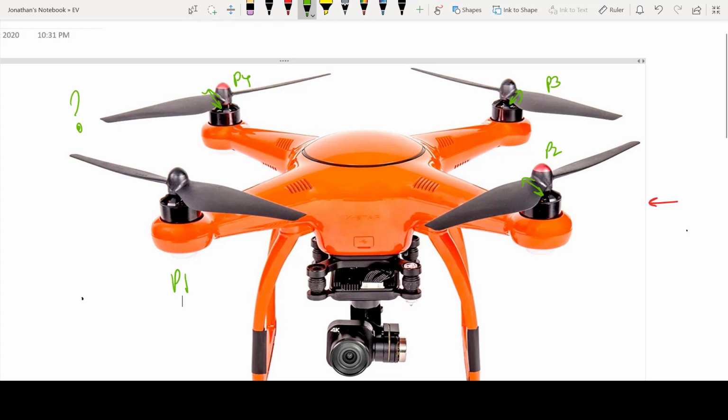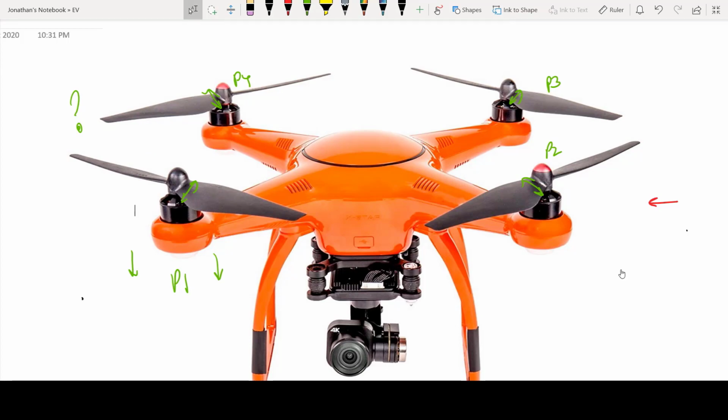So P1, can you spend 2 minutes thinking about if the angle of attack is in this direction, will it push air downwards when rotated anti-clockwise, or will it push air downwards when it rotates clockwise? Can you spend 2 minutes to think that?